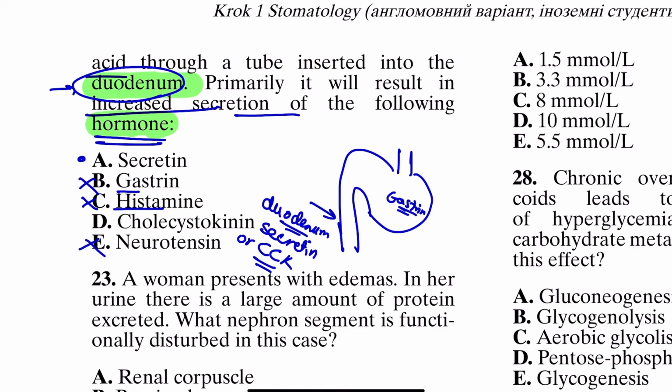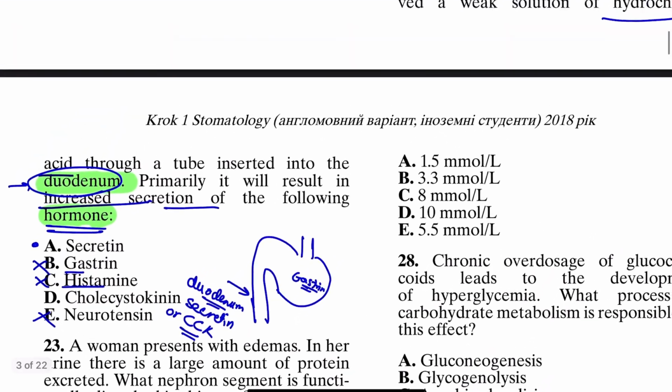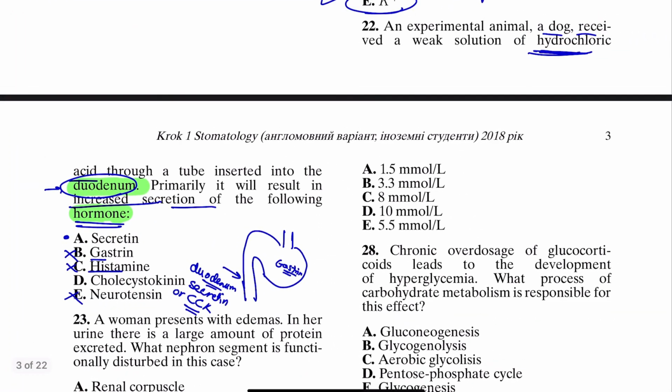So here the function itself: secretin is the response to the hydrochloric acid in the duodenum. So whenever we have HCl in the duodenum, the response to that will be secretin by the duodenum. Why?